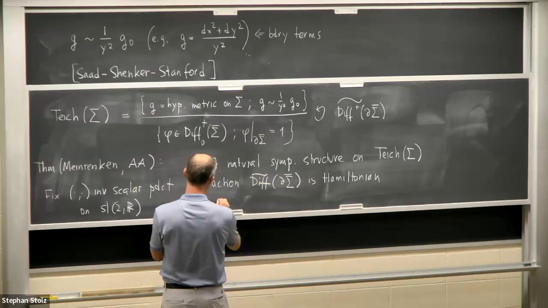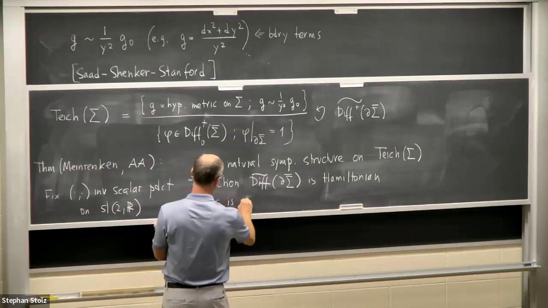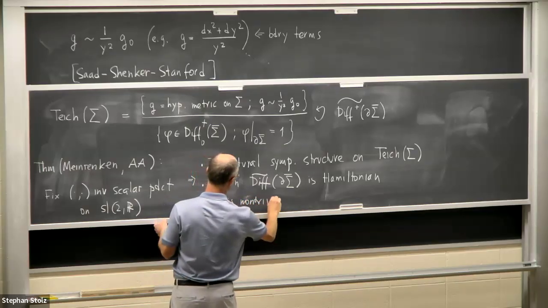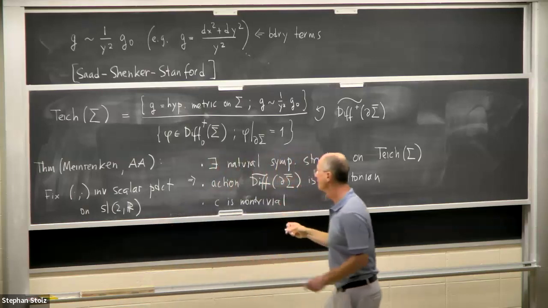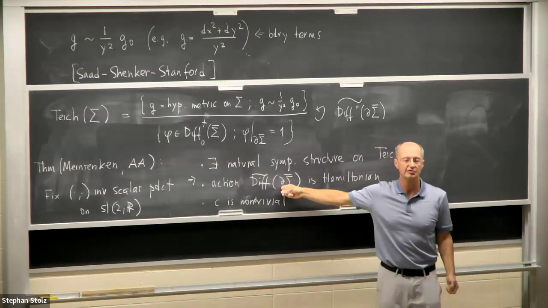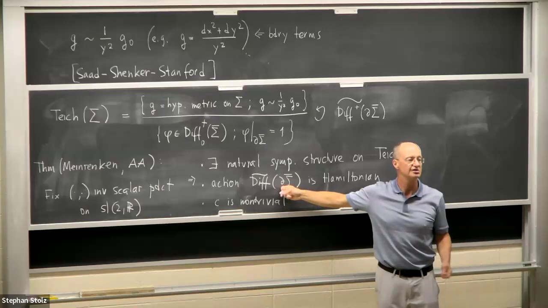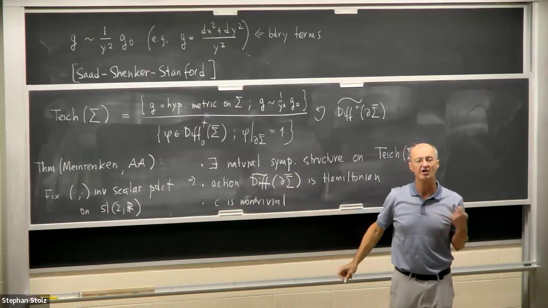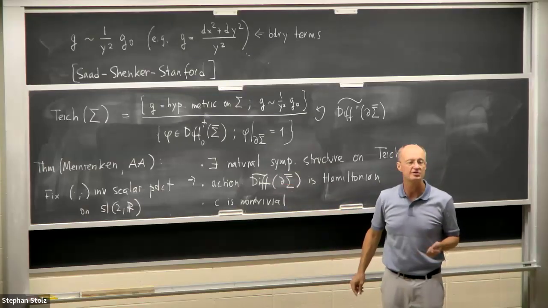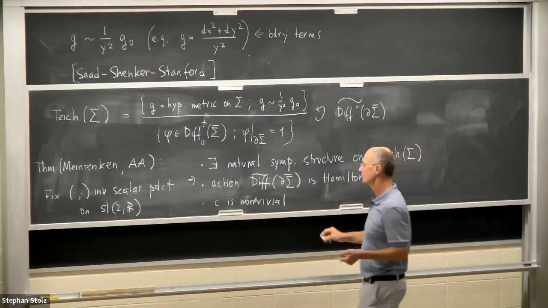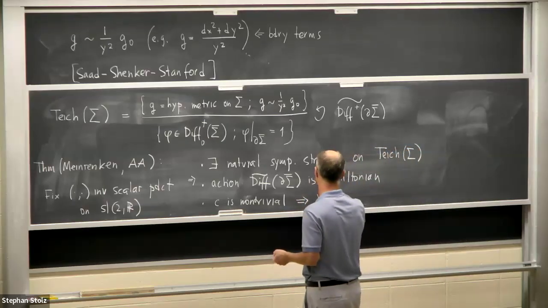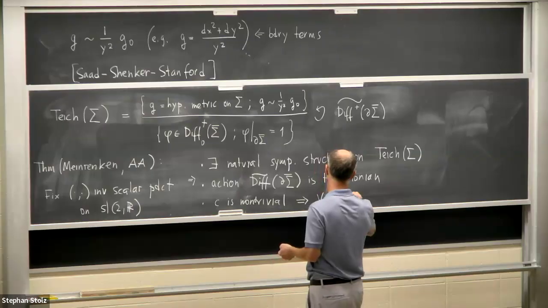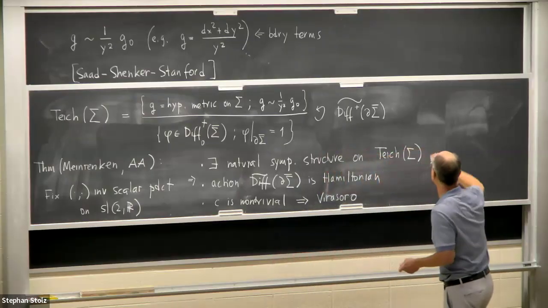So then this cocycle C is non-trivial. And actually the second homology of that gadget, we know what it is. It's one-dimensional, and the corresponding central extension is famous, and it's called Virasoro, right? So that's why we have Virasoro.